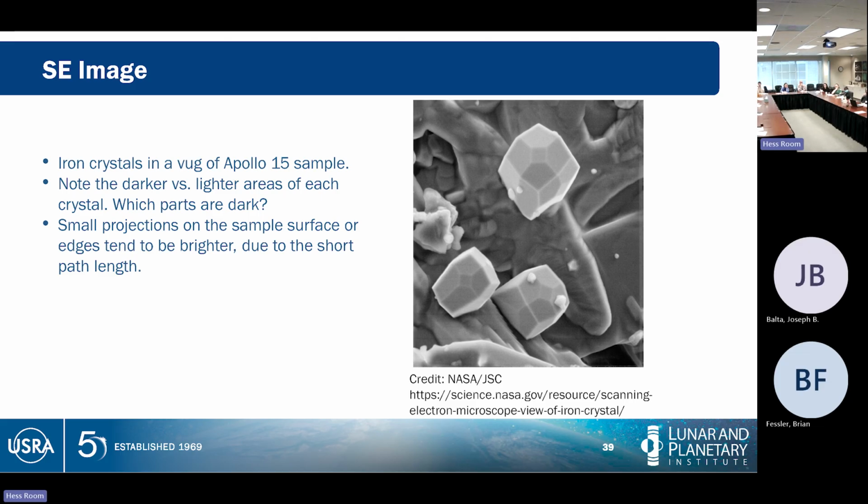If they go in right here, they're escaping along the edge, leading to a higher signal around the edge. So small projections, small little bits on the sample surface tend to be brighter than the sample itself because that has the reduced path length. So more of the secondary electrons are able to escape along those edges.